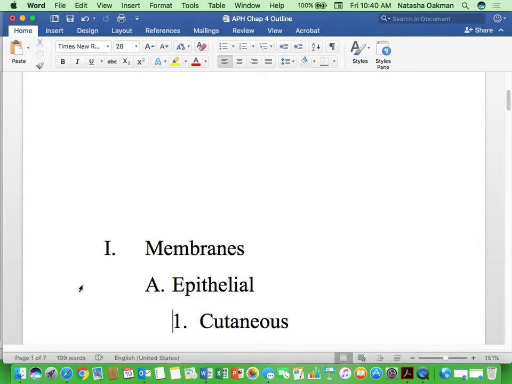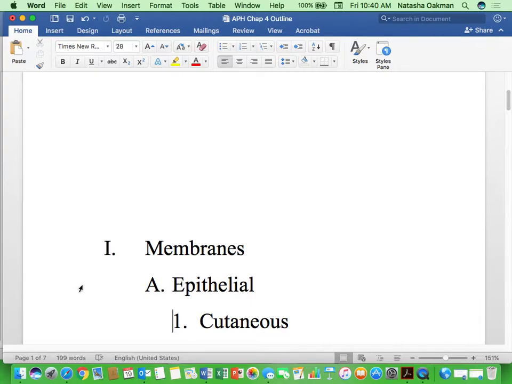The epithelial layer of the cutaneous membrane, your skin, is your epidermis, which is made of stratified squamous epithelium. Flashbacks? Stratified squamous.